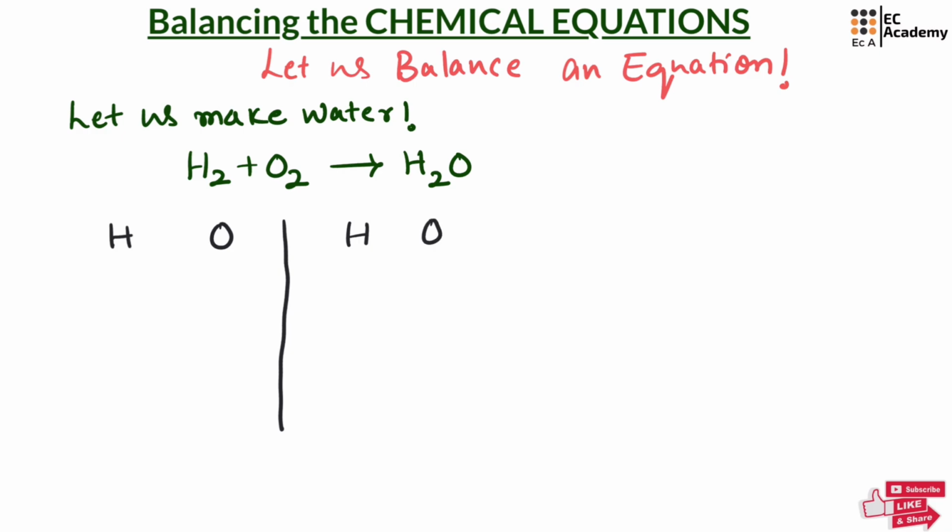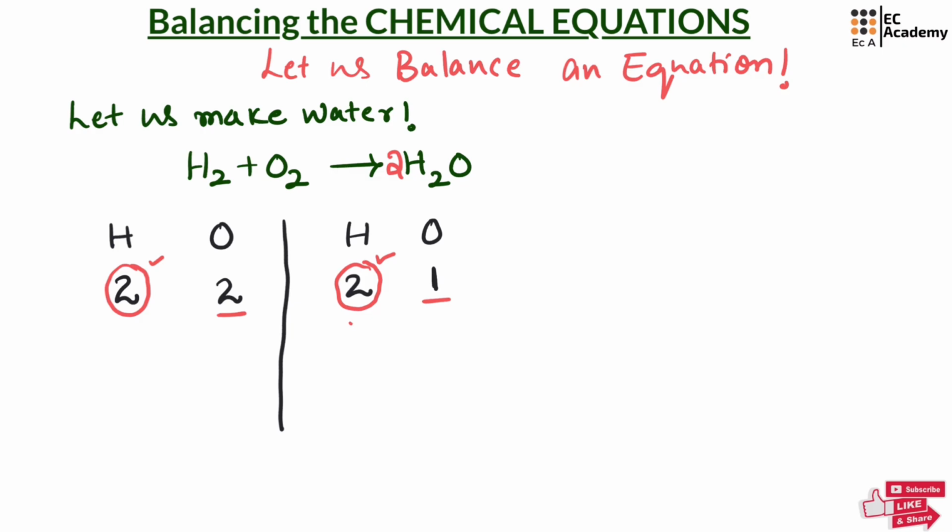Now, in the above equation, we have 2 atoms for hydrogen, 2 atoms for oxygen, and towards the right side of the equation, we have 2 atoms of hydrogen and only 1 atom of oxygen. 2 hydrogen atoms on the right side and left side are available, but on the left side we are having 2 atoms for oxygen. On the right side we are having 1 atom for oxygen. So to balance this, we can multiply 2 with the right side equation.